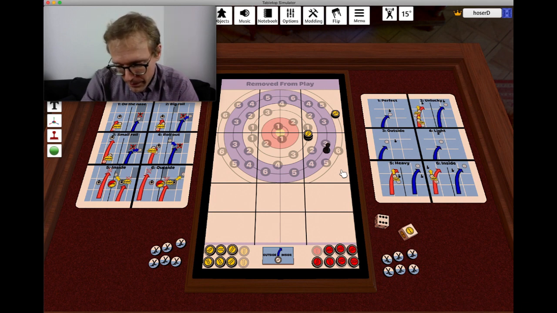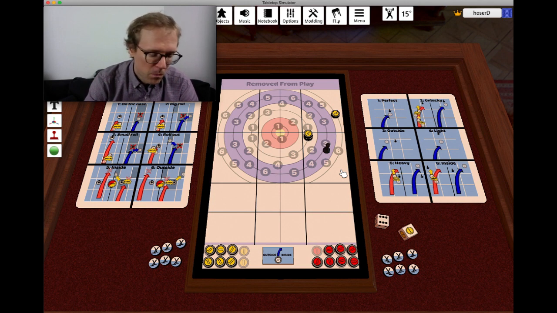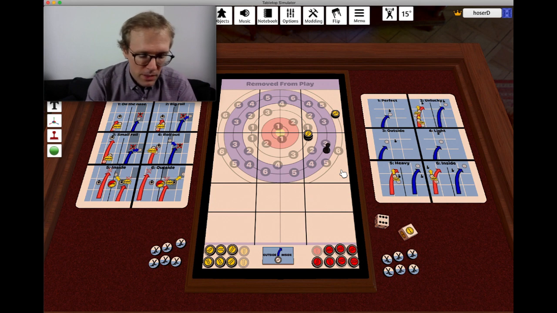There are two interesting properties of freezes in real play. One is that the front stone, or the stone that froze, is basically impossible to remove. So it takes 2 hits effectively to get rid of that stone instead of just 1.